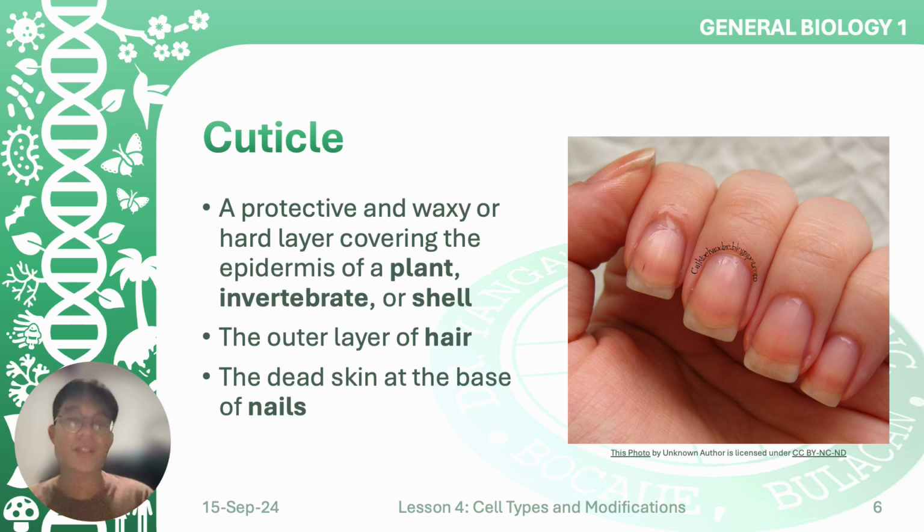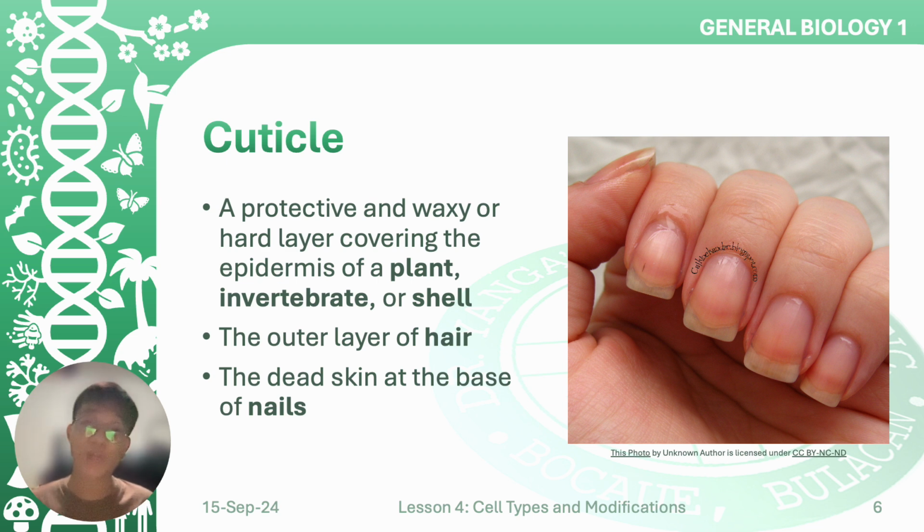So another cell modification we can have is the cuticle. The cuticle is actually a protective and a waxy or hard layer that covers the epidermis of a plant, invertebrate, or shells. They form the outer layer of our hair, including the dead skin at the base of our nails.